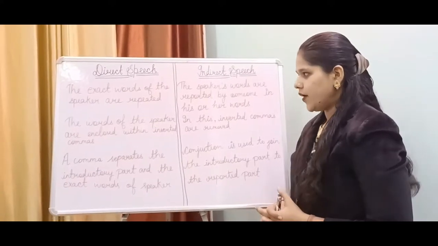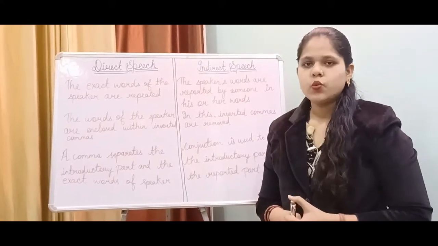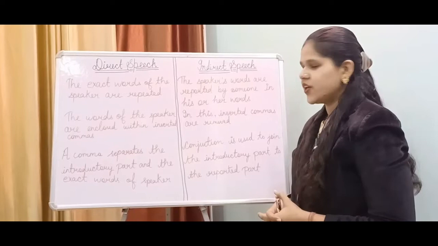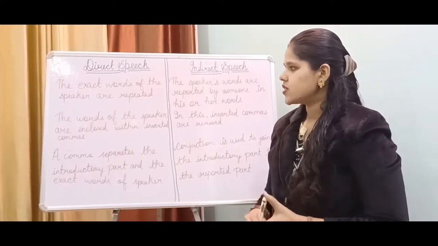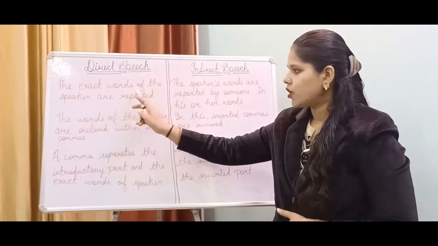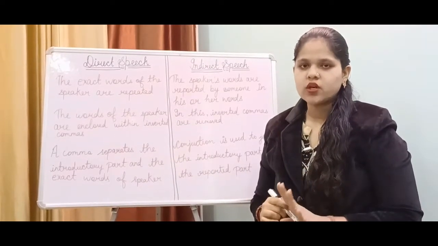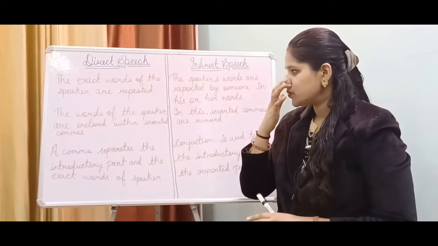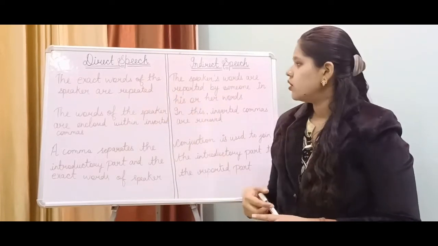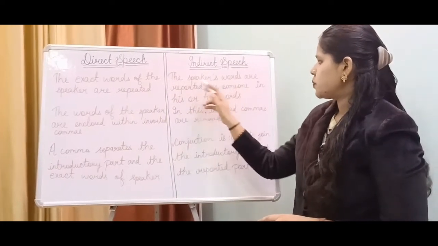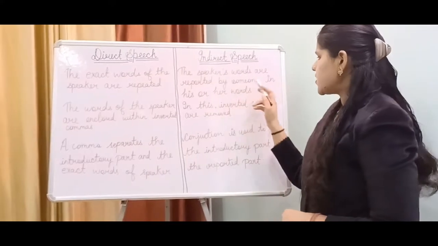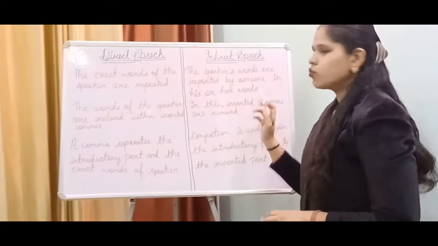We'll discuss some points to remember while phrasing direct speech and indirect speech. First, in direct speech, the exact words used by the speaker are repeated. In indirect speech, the speaker's words are reported by someone in his or her own way.